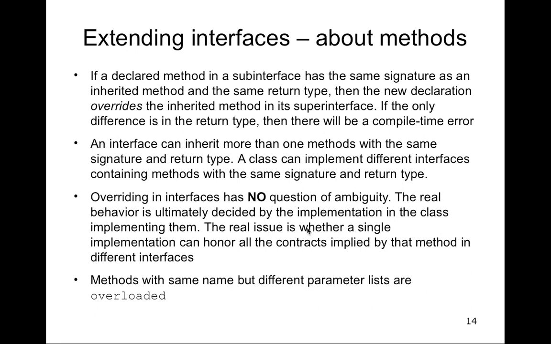So the class that's implementing the multiple interfaces is going to decide which one of the methods with the same name and same signature it's going to implement by referencing the interface. The real issue is whether the single implementation can honor all of the contracts implied by the methods of the different interfaces. So, methods of the same name but different parameter lists are overloaded.